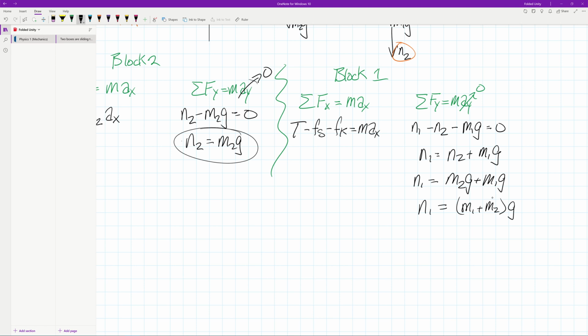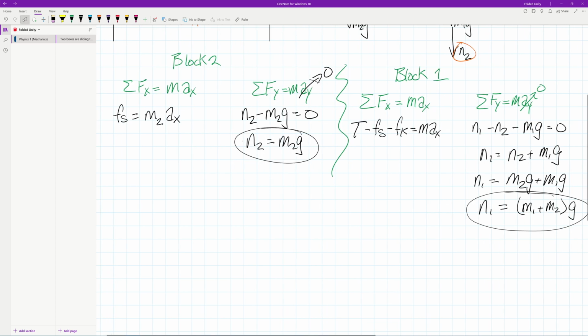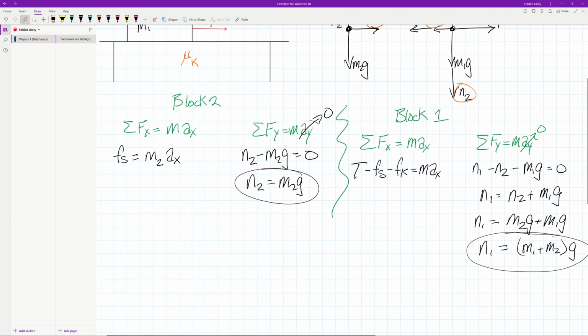Okay, and I'll put a circle around that because that looks like something important that I'll need to come back to later. At this point, we probably want to remind ourselves what it is we're trying to solve for. And if you remember, it's this maximum tension force. We're looking for this guy right here. We want to figure out how to maximize him and figure out what his maximum value is.